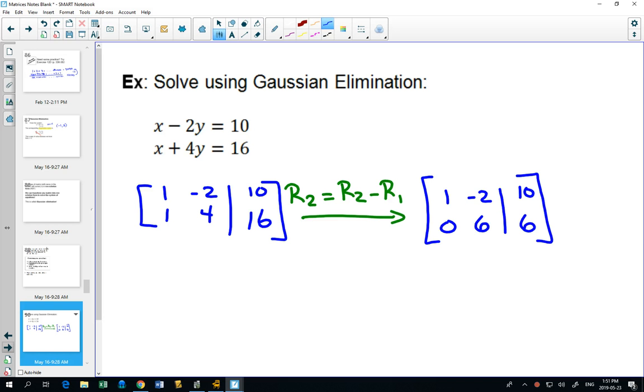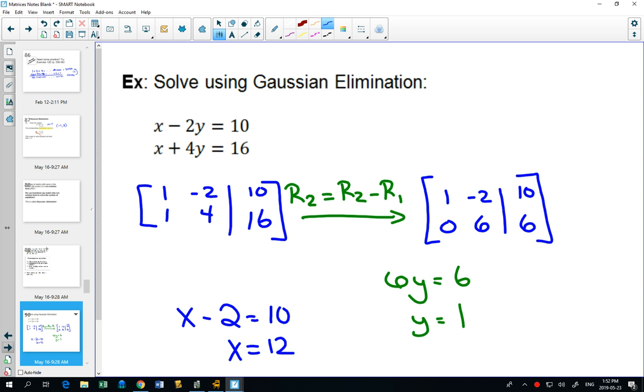And what we just did in this second equation is we said 6y is equal to 6. What's y? 1. y is 1. And if y is equal to 1, you could plug it back into equation 1, and now you'd have x minus 2 is equal to 10, and x is equal to 12.